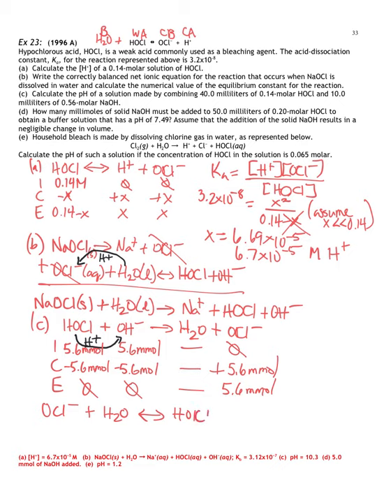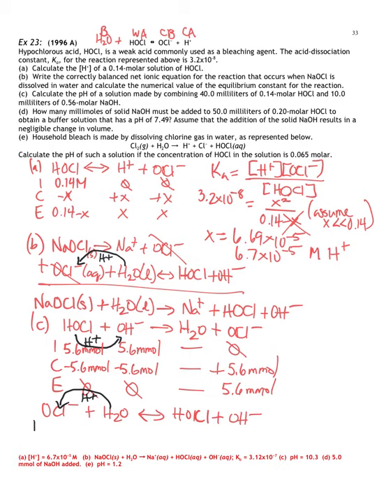So this is HOCl from the water. The conjugate base is going to accept a hydrogen from the water, leaving us with hydroxide ion. And once again, I'm going to trace where the hydrogen, the proton, is going to move. So it looks like it's going to move from the water to the conjugate base. And the base is always the proton acceptor.